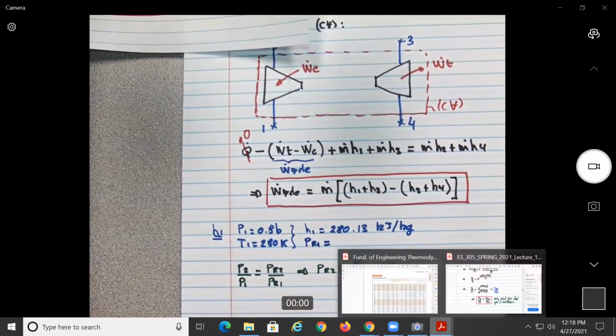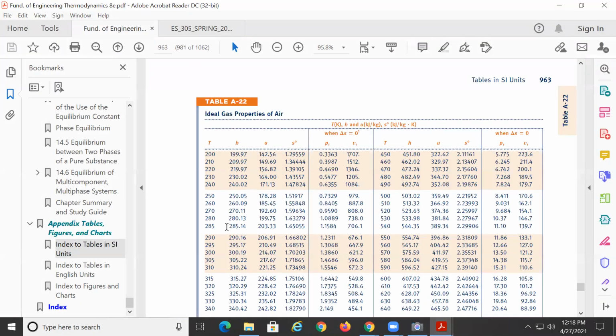And that should be, so at 280, should be 10.37. Oh, that's a temperature spike. Oh, sorry. So you see, good to check.